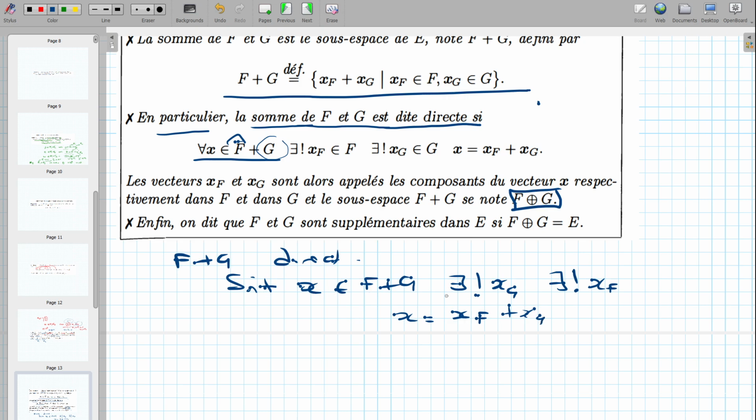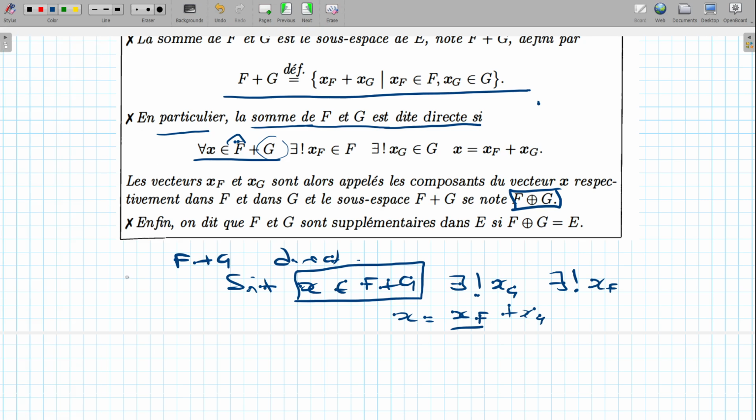This means that the sum is going to be direct if this x, that is an element of F plus G, can be written in a unique way as the sum of two items of the first set and the second set, the first sous-espace vectoriel and the second sous-espace vectoriel.